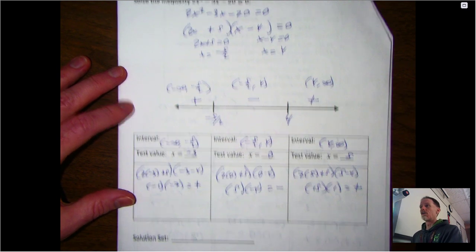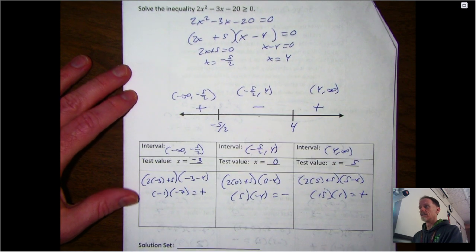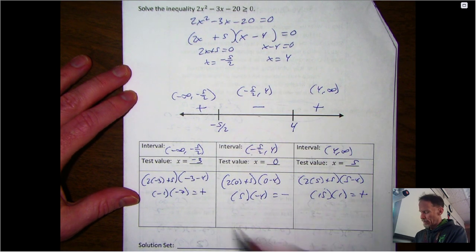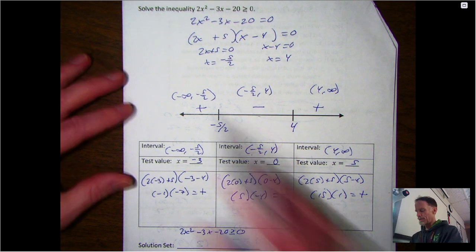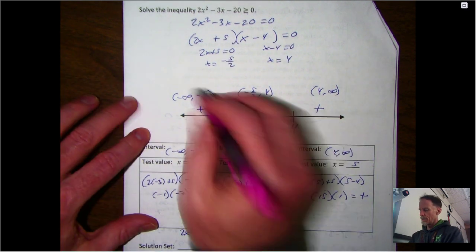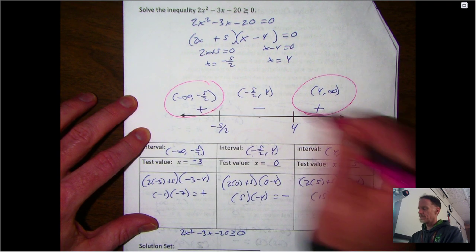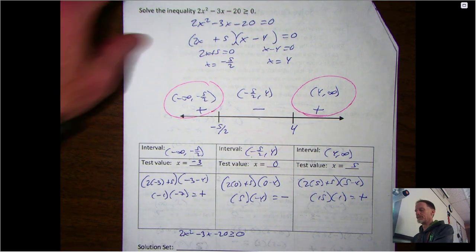So now we go back to our original inequality, which was greater than or equal to. So we got 2x squared minus 3x minus 20 greater than or equal to 0. And you just think, okay, greater than or equal to, what do I want? I want the positives. So I need both of those two intervals.